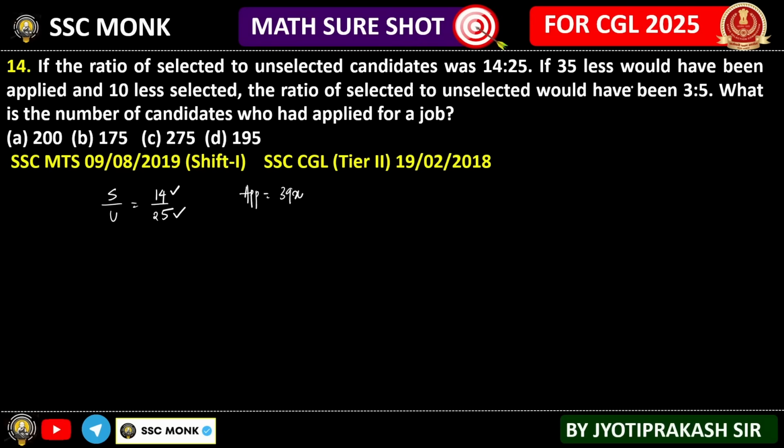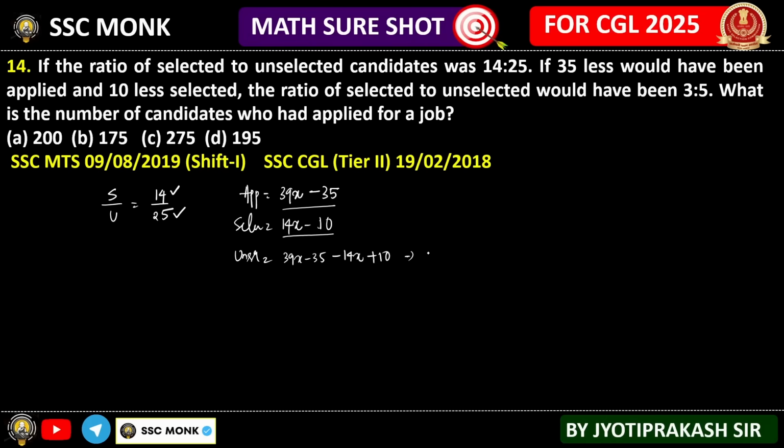Let's say that is 39x. It is saying if 35 fewer applied, so 39x minus 35 applied, and 10 fewer selected, so selected is 14x minus 10. Then the ratio of selected to unselected would have been 3:5. So if this is the application and this is the selection, unselected will be 39x minus 35 minus 14x plus 10.